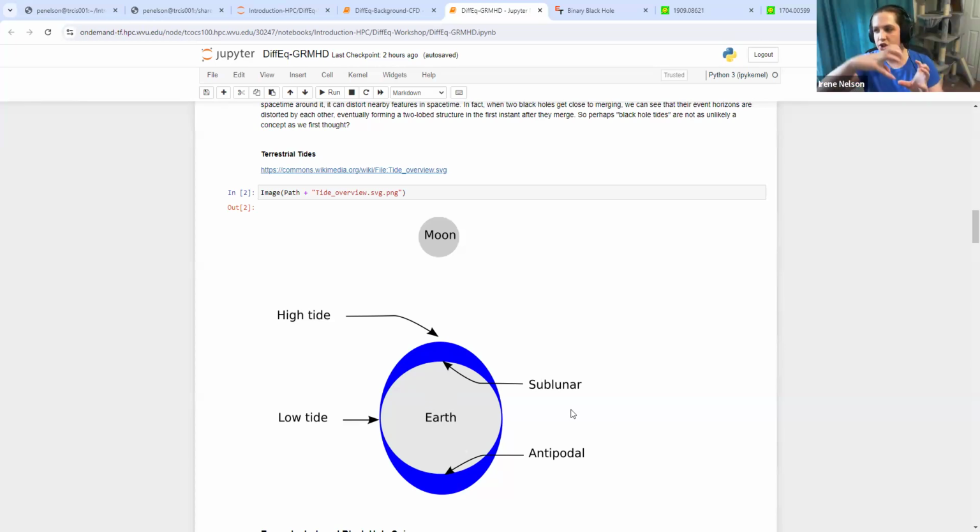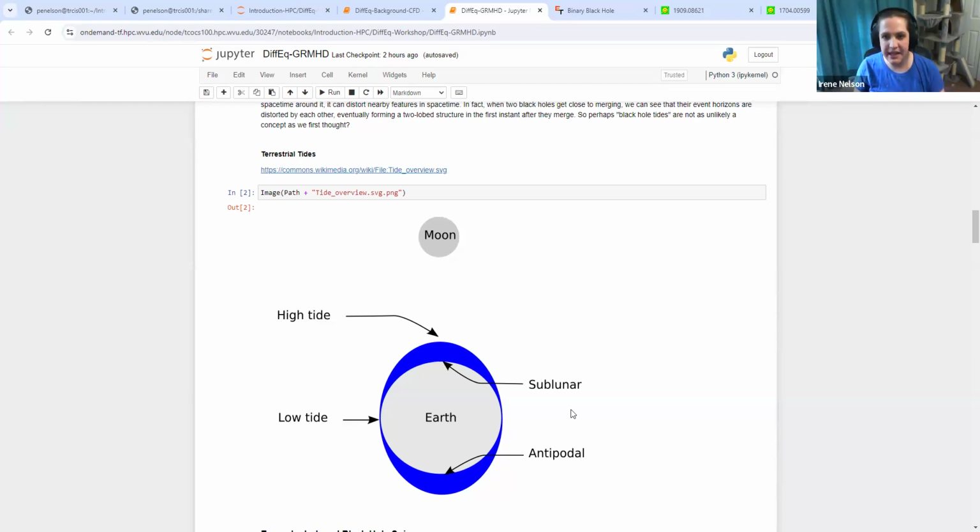So we get this stretching of the Earth in line with the moon. And this also applies on an even smaller scale to the entirety of the Earth itself. So the Earth itself is squeezed by this very, very, very small but still notable amount.